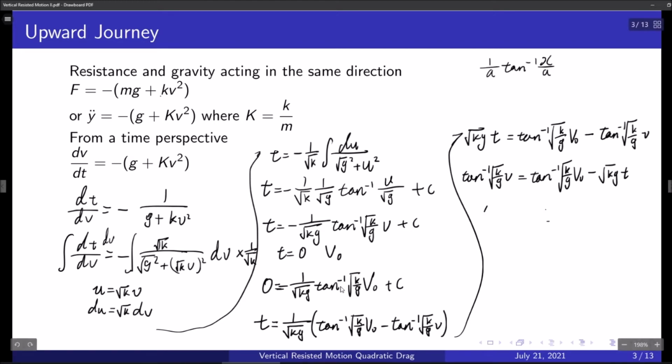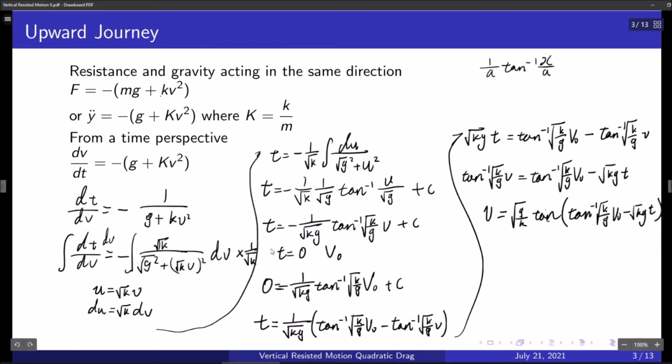And of course, v itself would equal, so it will be upside down, so it's square root of g over k, and then tangent of tan inverse of square root of k over g v naught, minus square root of kg times t. Okay, so this is something you can do, but most of the time you will not be asked to do it.